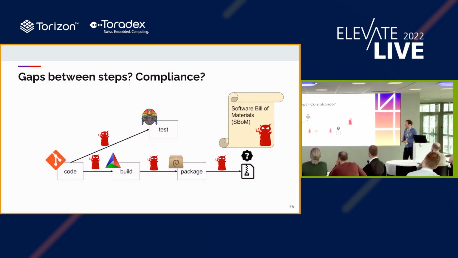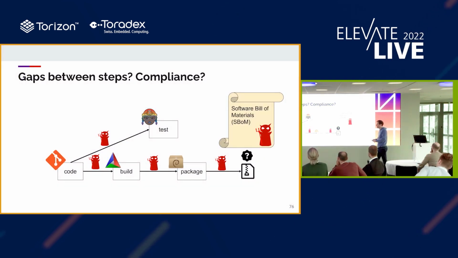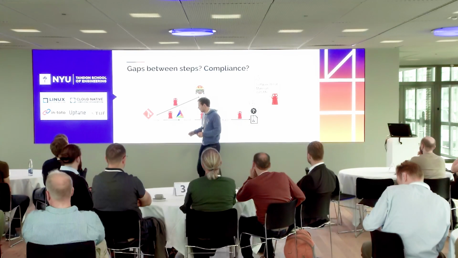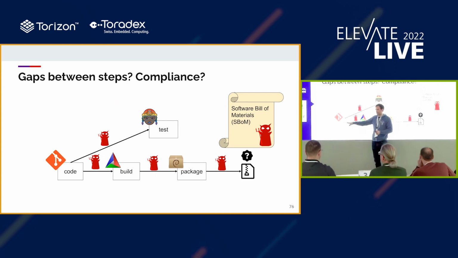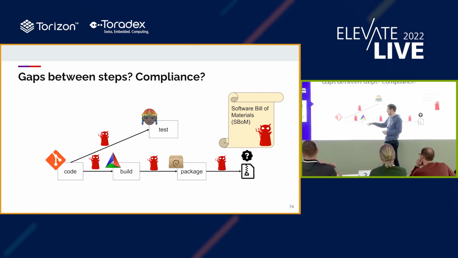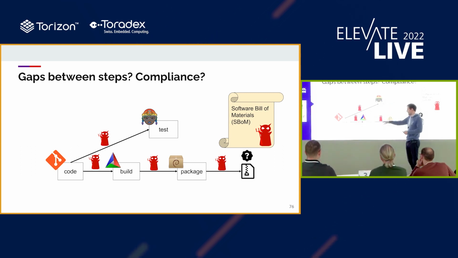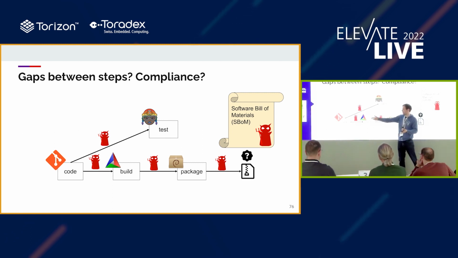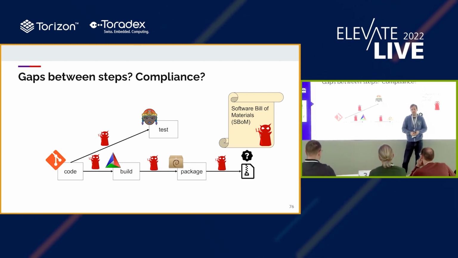So no, it really doesn't, okay? And there's a lot of reasons why it doesn't. One of them is that you don't know that the thing that you built when you build your code is actually a tagged release out of your system. You don't know that the thing that got packaged was the thing that you built, right? There's no verification for any of these, that this process was followed. You don't know that the thing that you're going to run was the actual thing that was tested.